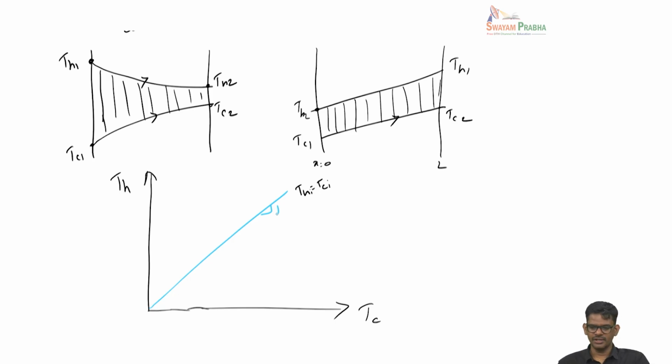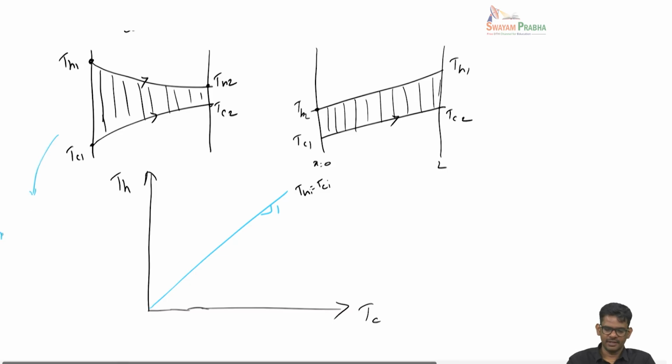Material balance will also give you something similar. For this case, what will be the material balance? I'll have mH, the mass flow rate of the hot fluid, its heat capacity, and its temperature TH1, plus mC Cpc TC1 must be equal to the same terms at the other end: mass flow rate is not changing, heat capacity is also not changing, but the temperature might change.